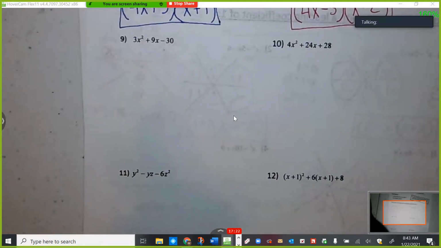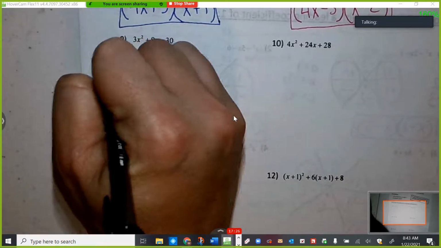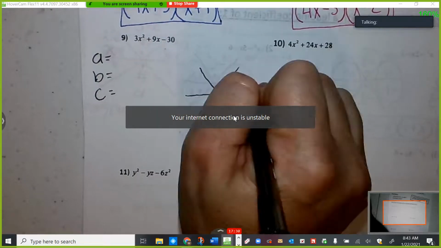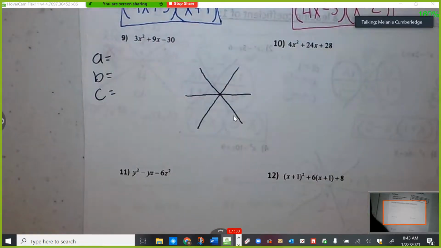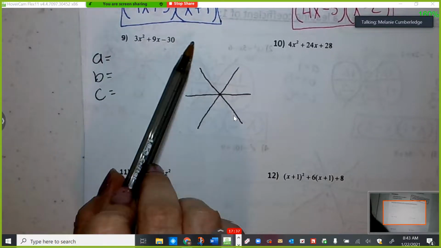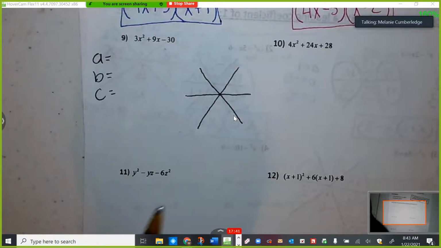Look at number 9. Is it in order? It is in order. I want you to realize there is a GCF though. 3, 9, and 30. Well, 3 can go into all of those. So we have to take that 3 out. But we cannot forget about the 3.